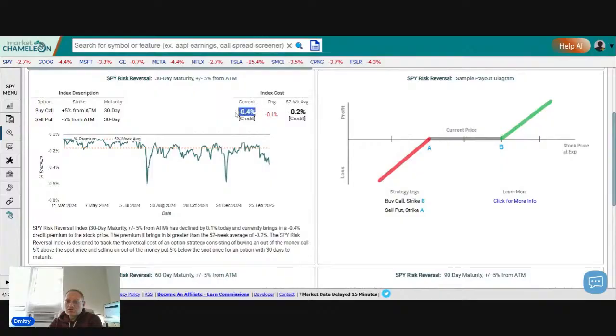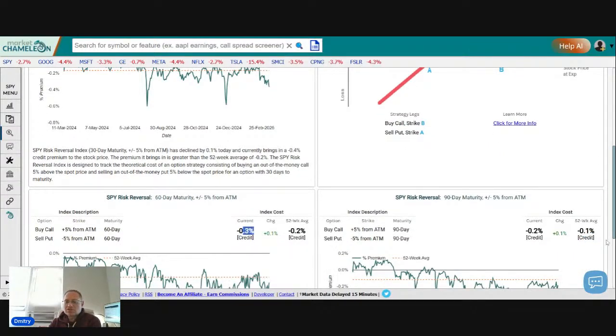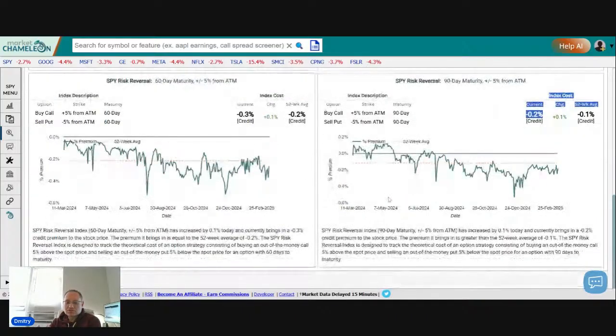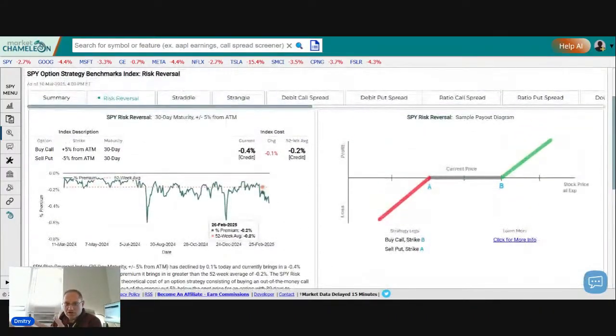So here, since we're getting more credit, what it's saying is that the markets are anticipating more uncertainty right now in the shorter term, 30 days, to the downside. But it doesn't appear, just based on these, that in the longer term the market thinks it will eventually recover those losses.